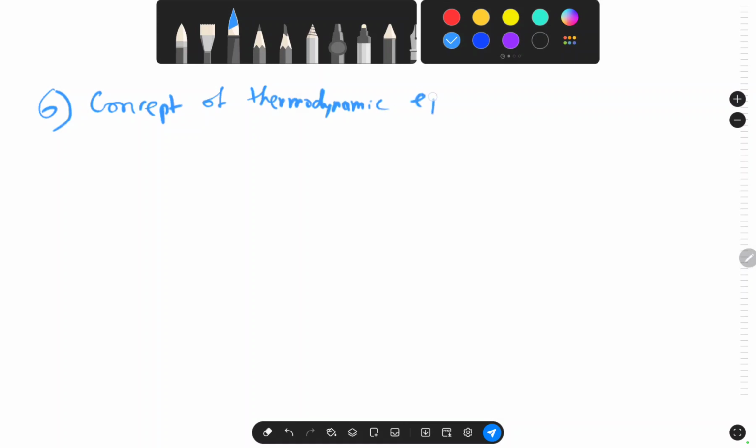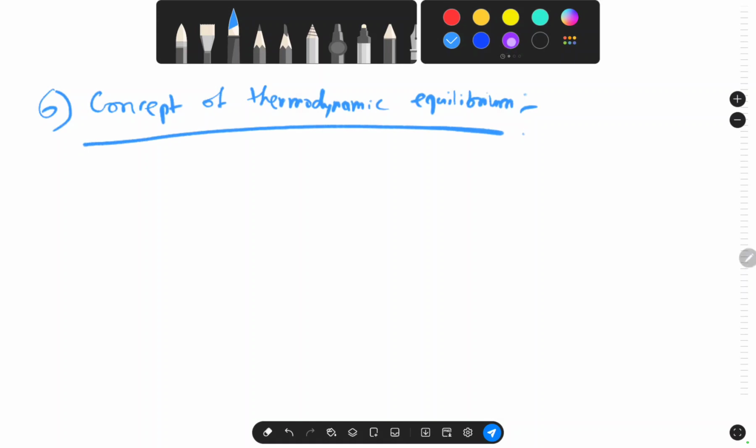Here a system is said to exist in a state of thermal equilibrium if there is no change in the macroscopic properties registered. Now we can say an example of an isolated system will in the course of time reach the state of equilibrium. Now how can we say that a system has reached the state of equilibrium?